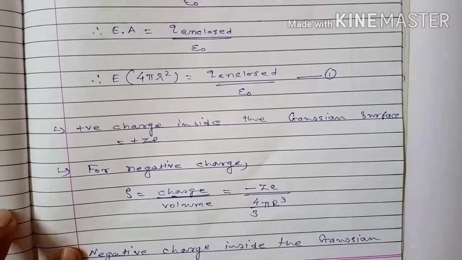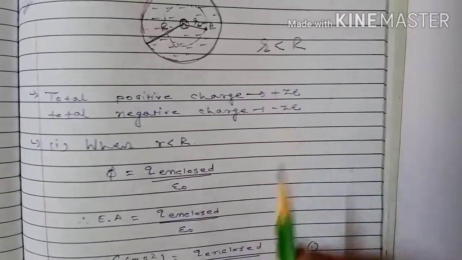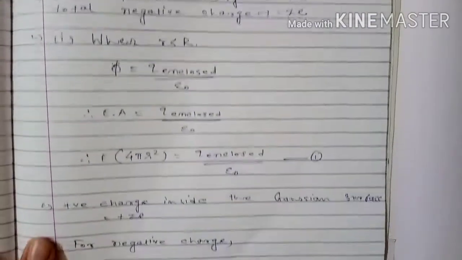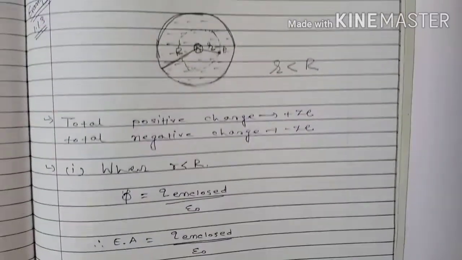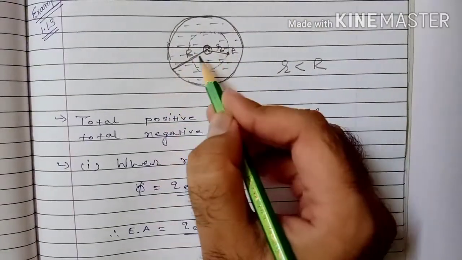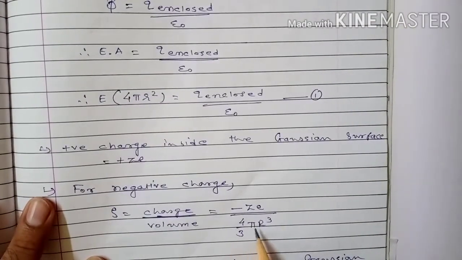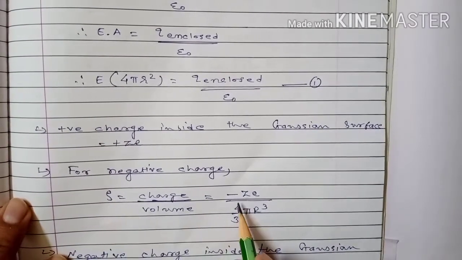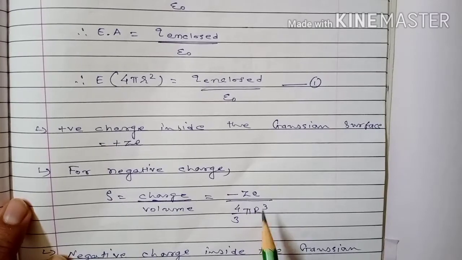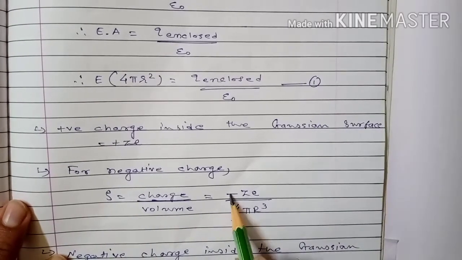So the total negative charge of the atom is minus Ze, upon the volume this negative charge occupies, 4 by 3 pi capital R cubed. So the volume charge density is minus Ze upon 4 by 3 pi R cubed. It gives charge per unit volume.